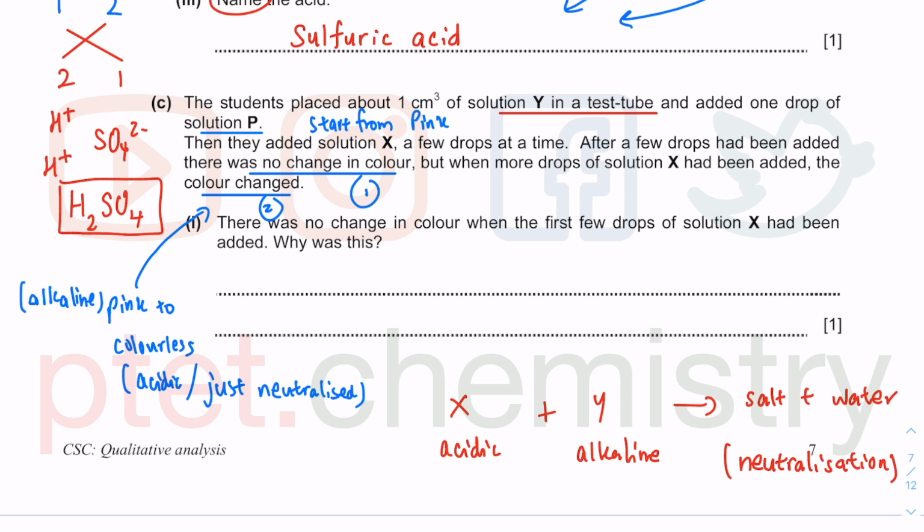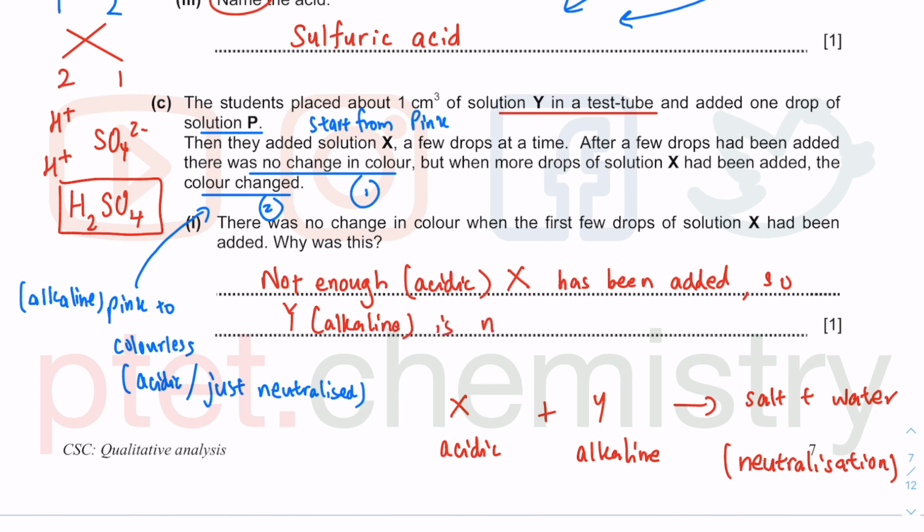And we have no change at the beginning because not enough acidic X has been added. So Y, which is alkaline, is not neutralized yet. You still haven't neutralized it completely. That's why there is no color change yet.